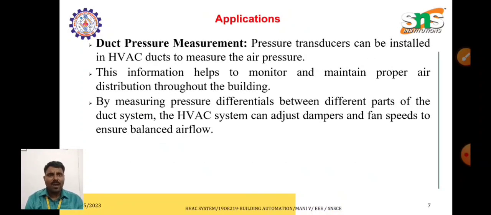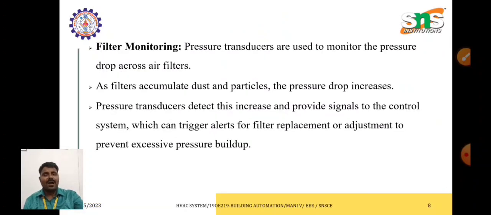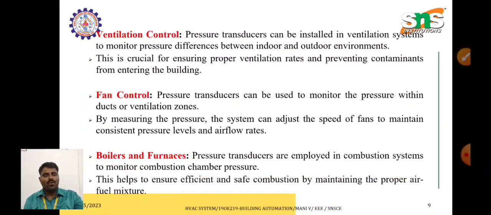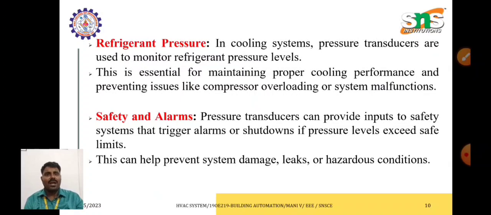The applications are to measure the duct pressure, to monitor how healthily the filter is working, ventilation control, fan control, to measure the temperature in boilers and furnaces, and also refrigerant pressure. If the pressure change is within a permissible level, nothing happens.